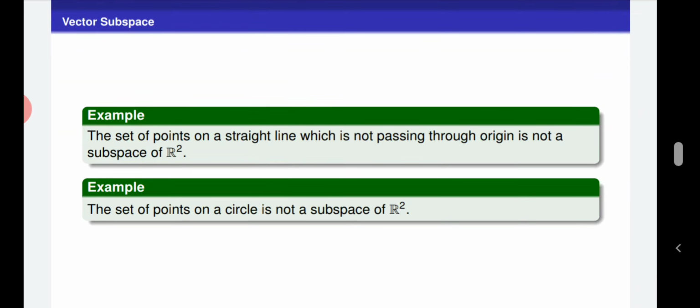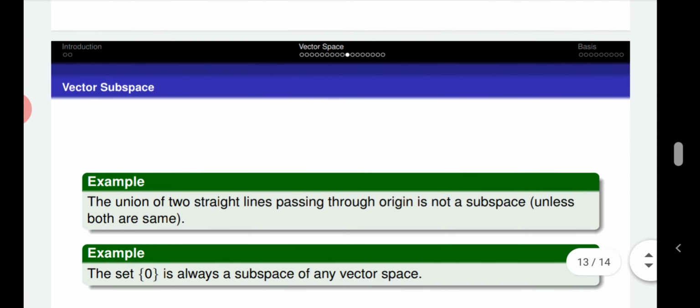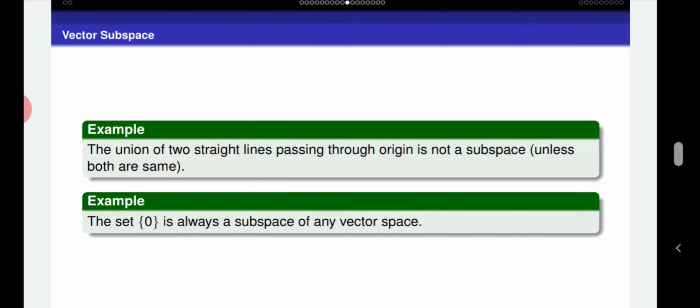Next example, the set of points on a straight line which is not passing through the origin is not a subspace of R2. Next example, the set of points on a circle is not a subspace of R2. Next, as part of the examples of vector subspaces, the union of two straight lines passing through the origin is not a subspace unless both are the same.